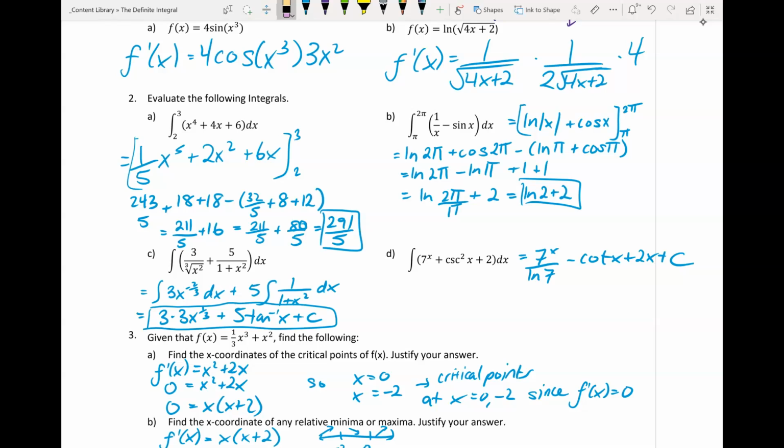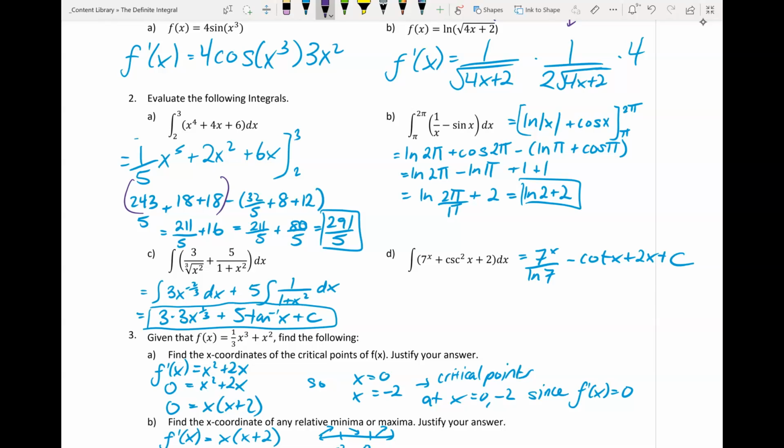Then we're going to evaluate it. It would be our antiderivative evaluated at x equals 3 minus our antiderivative evaluated at x equals 2. So in here, this is where I put in my x equals 3, and I start to simplify.